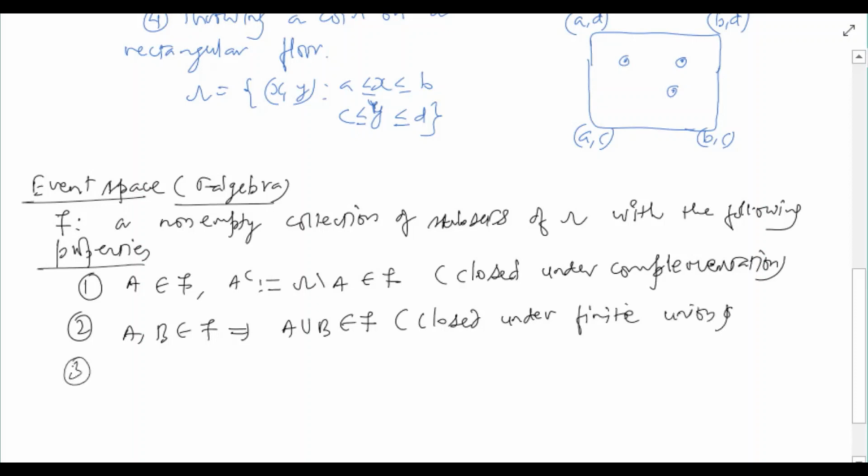The third property is, if the collection of sets A_i, i greater than or equal to 1, belong to F, then their union also is in F. This is called closedness under countable union.